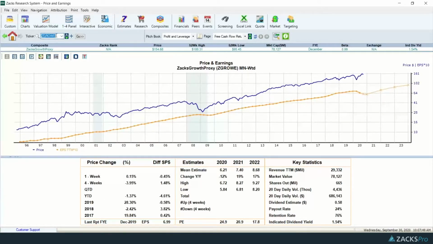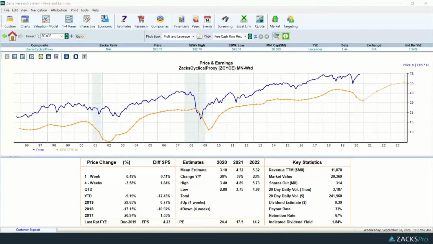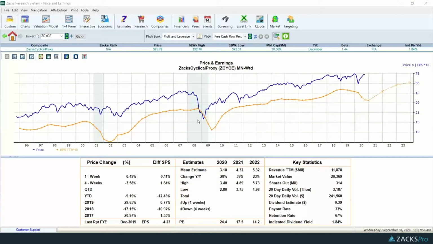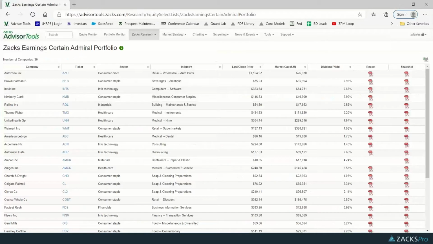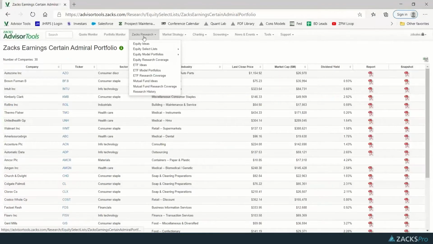Keep in mind that we then split the standard industrial portfolio into two groups based on earning stability. We've got the growth portfolio and we've got the cyclical portfolio. And obviously, if you wanted to know what was going on with any of the value-oriented names, here's 200 names in the cyclical portfolio, and you can see how the recovery in earnings that are being forecasted have been priced in terms of valuation. And I just want to remind everyone that's an Advisor Tools user that beneath the research menu, that list of 200 names can really come in handy if you want good quality, value-oriented names.